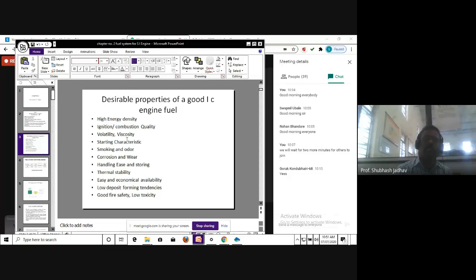Then we have the term viscosity. What is this viscosity? Viscosity is a tendency to flow, or resistance to flow. Basically we know that we have cooking oil and we also have ghee used in our kitchen.